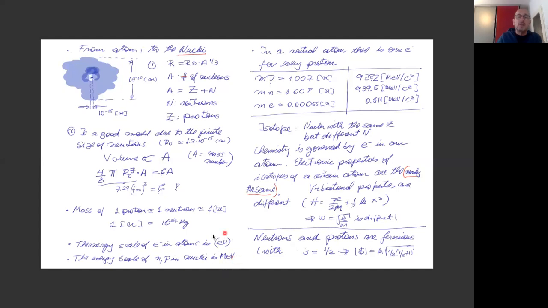We will get into more detail about how this number works out in the next lecture, but this is the main difference. If you have a burning reaction of a fossil fuel, you get electron volts for each reaction. If you get a nuclear reaction, the energy you get out is of the order of mega electron volts for each reaction. That's why the intensity of the energy inside nuclear matter is so important.